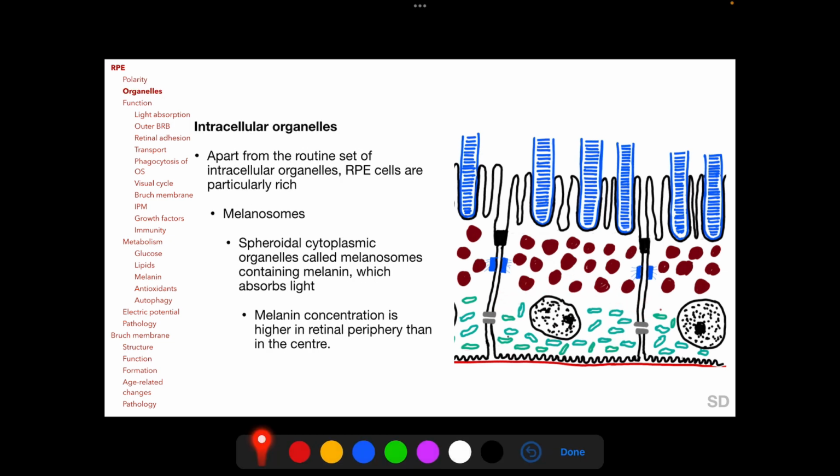Apart from the routine set of intracellular organelles, RPE cells are particularly rich in melanosomes, phagosomes and phagolysosomes, and microperoxisomes. Melanosomes are spheroidal cytoplasmic organelles containing melanin, which absorbs light, and melanin concentration has been found to be higher in the retinal periphery than in the center.